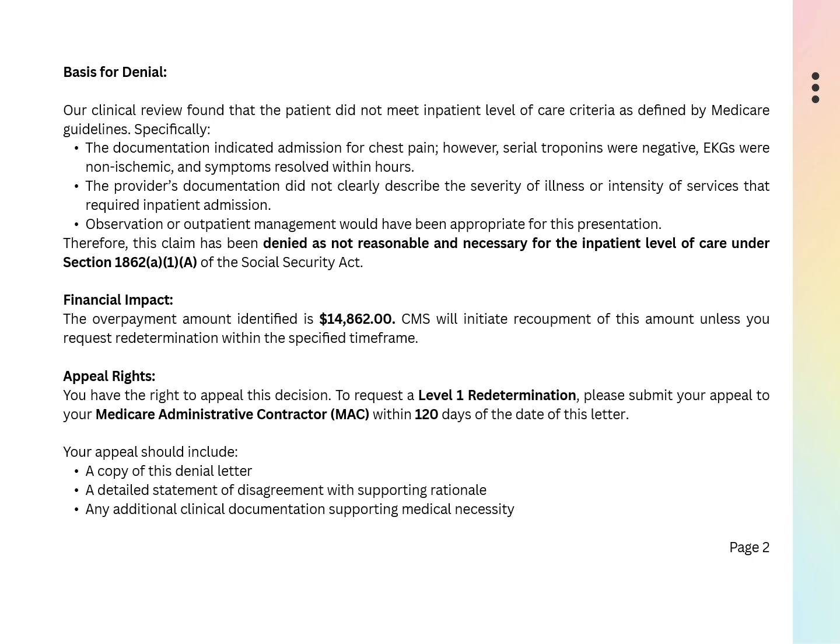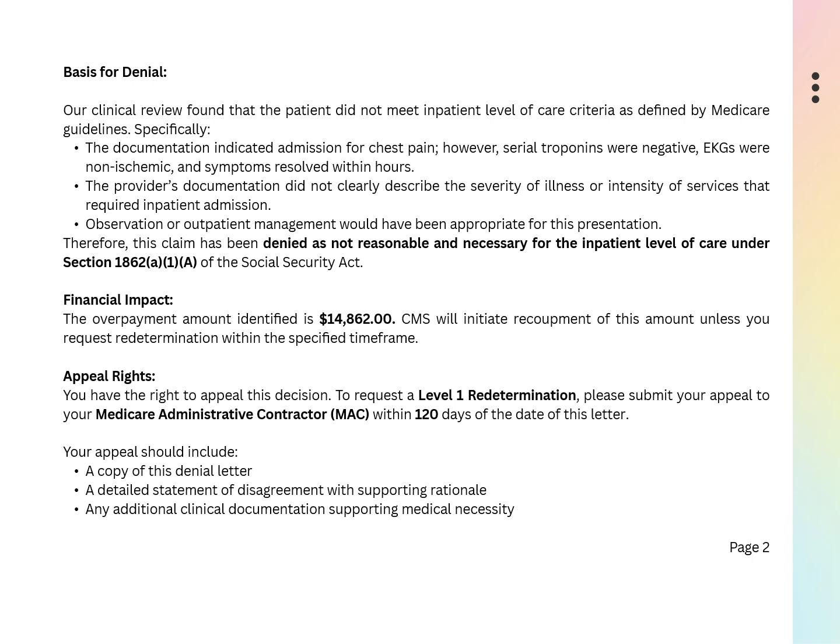Appeal rights: you have the right to appeal this decision. To request a Level 1 redetermination, please submit your appeal to your Medicare Administrative Contractor within 120 days of the date of this letter. Your appeal should include a copy of this denial letter, a detailed statement of disagreement with supporting rationale, and any additional clinical documentation supporting medical necessity.